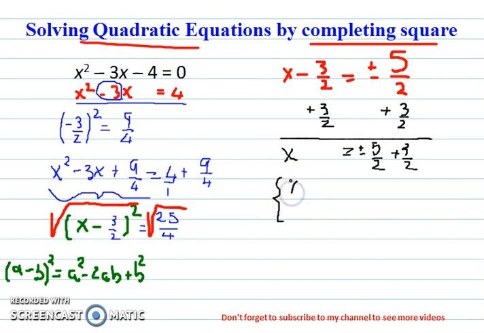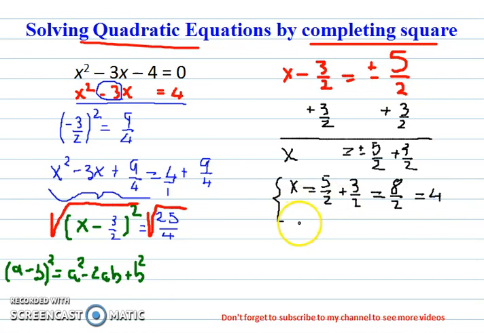The first one would be x equals 5 over 2 plus 3 over 2, and it would be 8 over 2, which is 4.